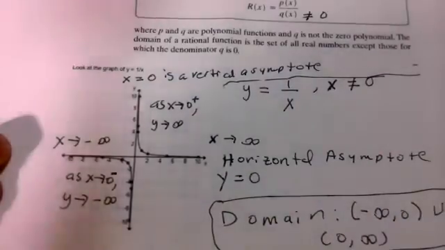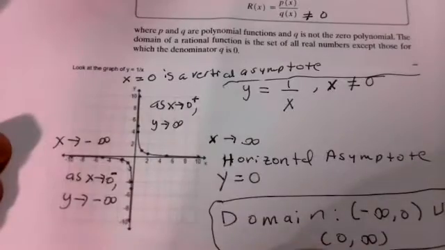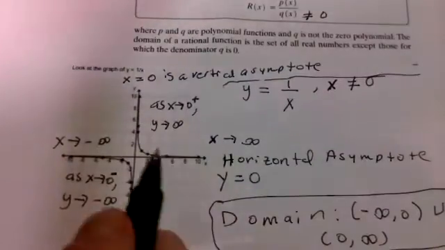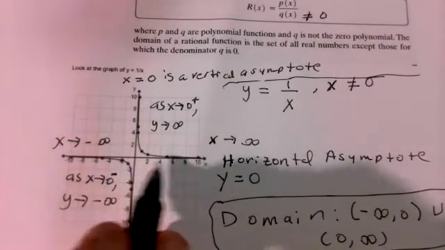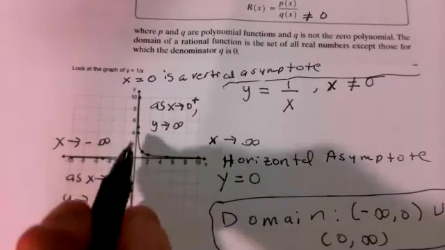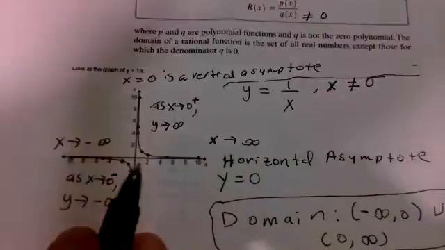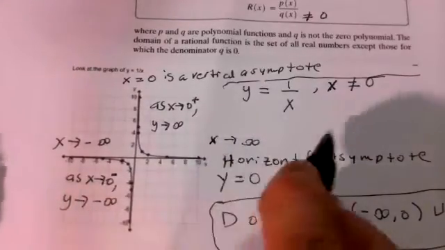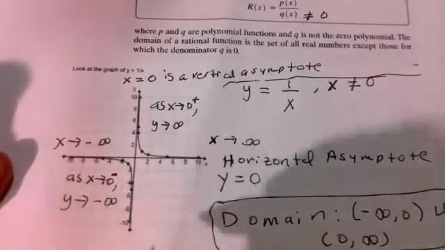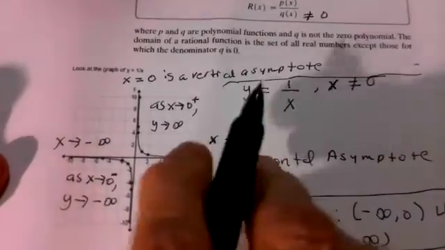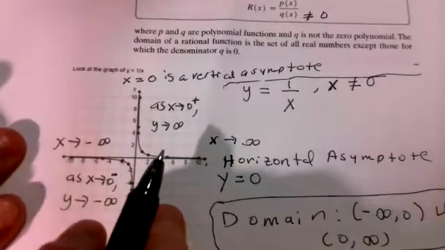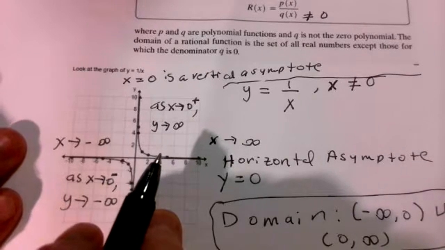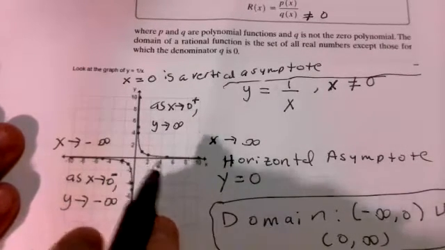Now, we need to look at the graph to see the range. The range in this case is going to be everything except where the horizontal asymptote is, which is at y equals 0. A rational function will never cross its vertical asymptote, because it would be undefined there. But it is possible for a graph to cross its horizontal asymptote.